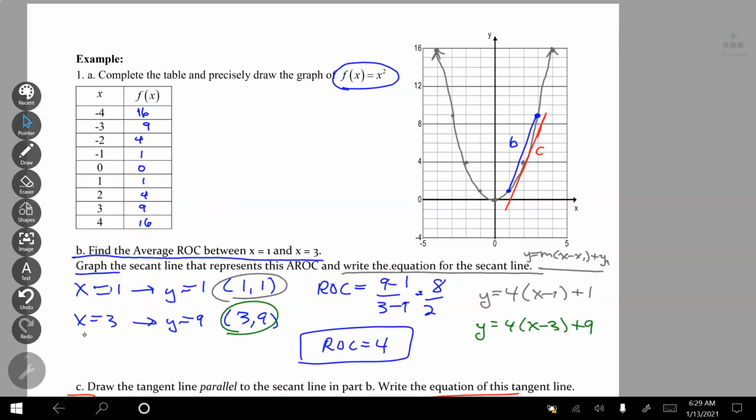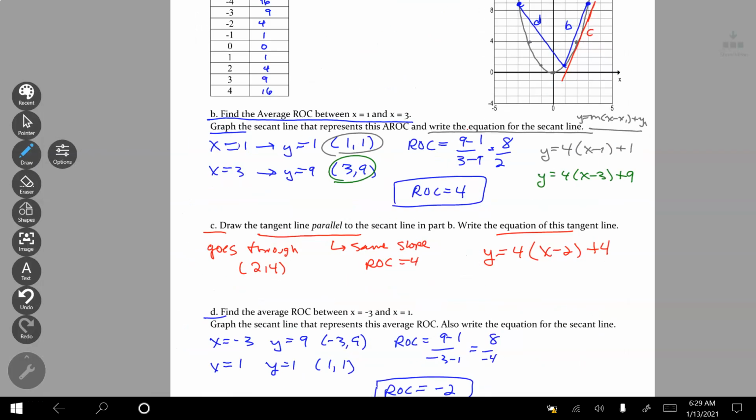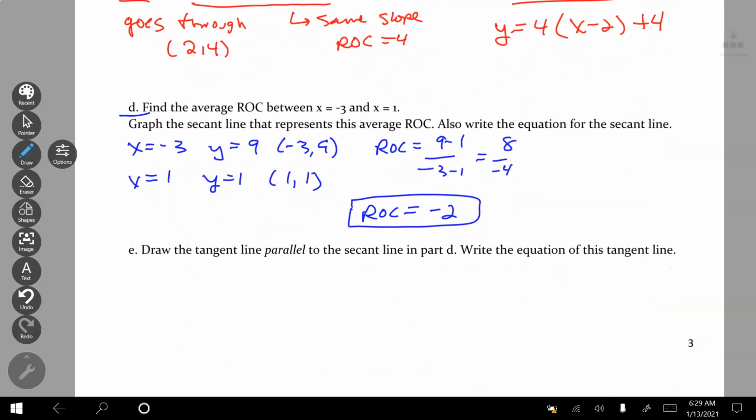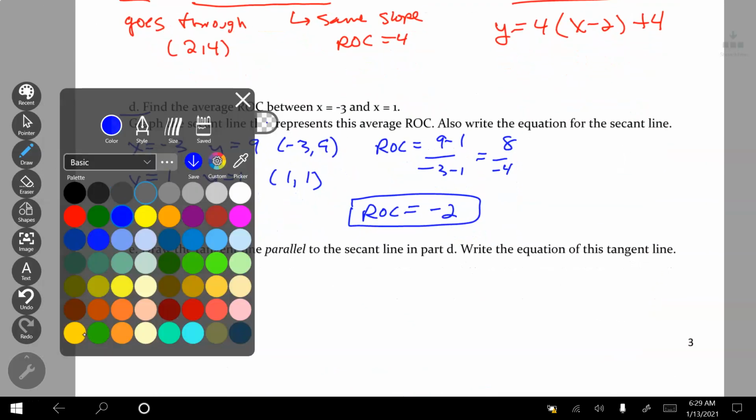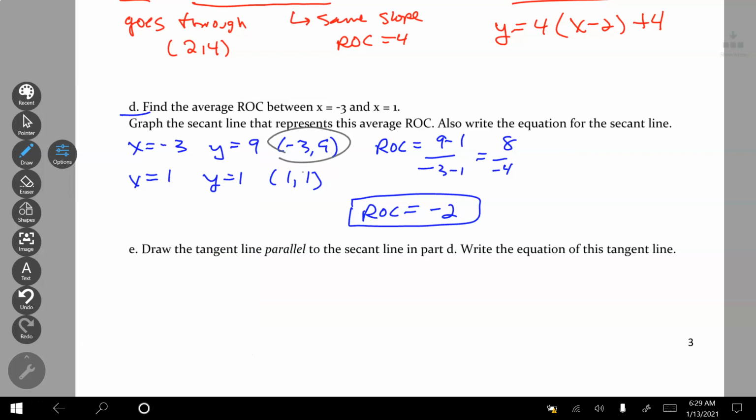I'm going to go to the graph and draw this. So here are my 2 points: here is (1, 1) and (negative 3, 9). I'm going to draw this line. This is line D. And then when I write the equation, it depends which points we're going to use.